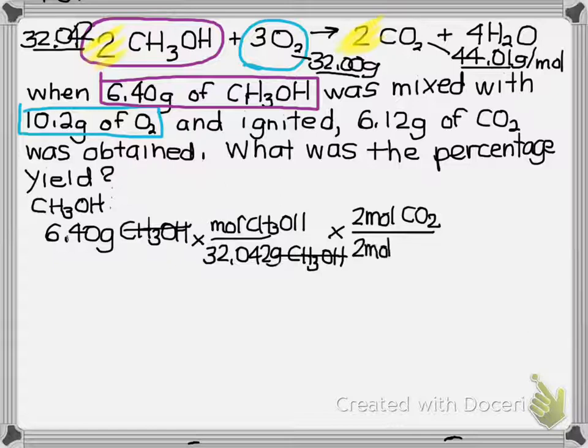That's 2 moles CH3OH. You can see it's a 1-to-1 ratio, so this time the mole ratio won't change the value. And then now I have moles of CO2, so I'll multiply it by grams per mole.